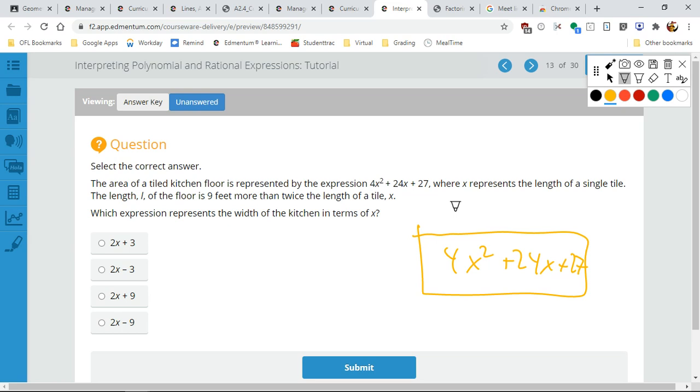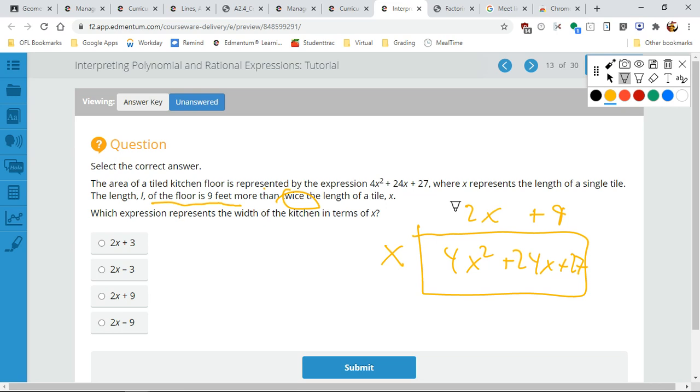Where x represents the length of a single tile, the length of the floor is 9 more than twice the tile. So basically, we have this tile here, and the length of the floor is 9 more than twice, so 2 times something, twice the length of x.